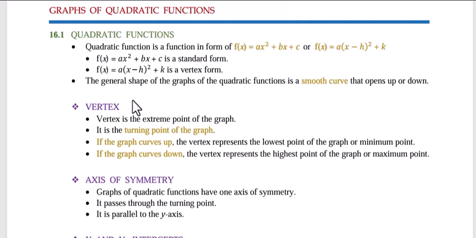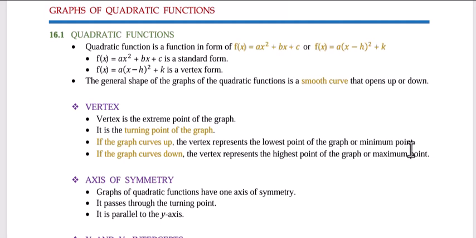Then we talk about the vertex. The vertex is the extreme point of the graph, or in short, the turning point of the graph. If the graph curves up, the vertex represents the lowest point of the graph, or the minimum.